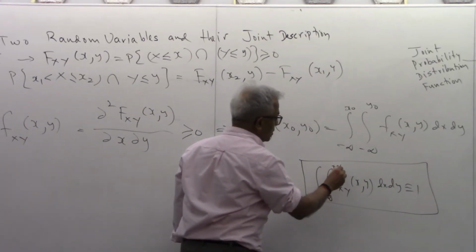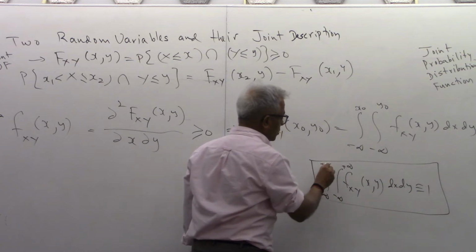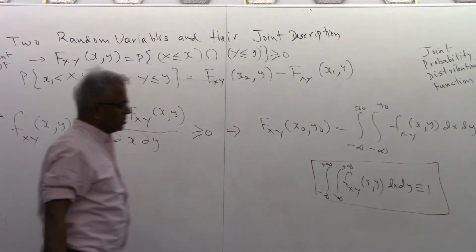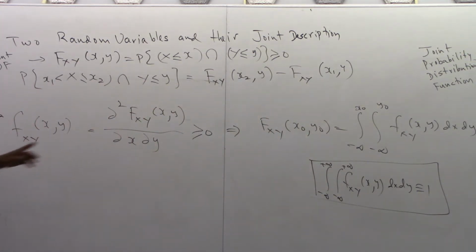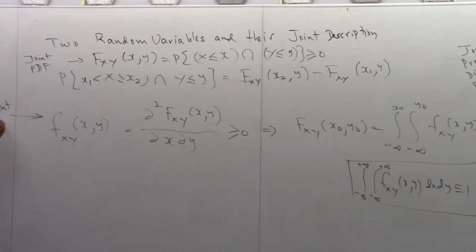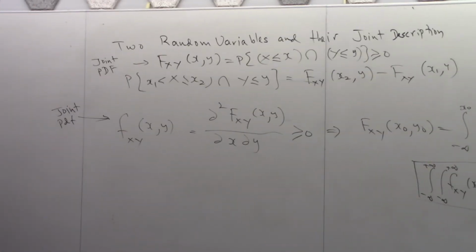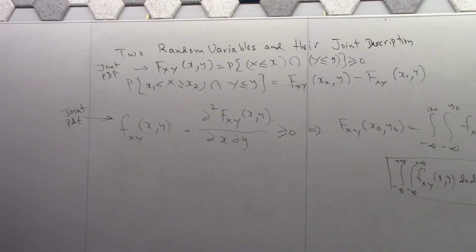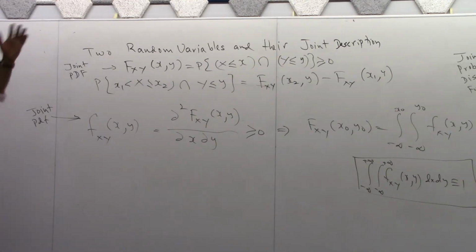We can call it a density function because the total volume over 2 dimensions is 1. It's a non-negative function, so we'll call this a joint PDF. Like the one random variable case, this is the complete description of 2 random variables using the joint distribution function or the density function.